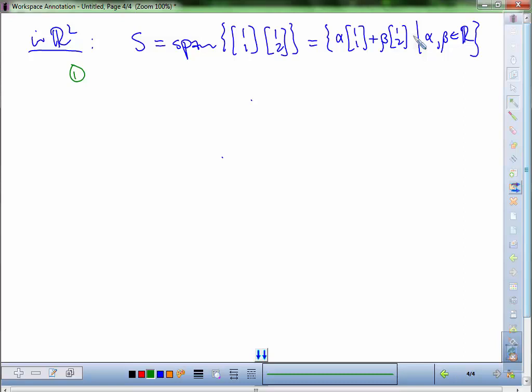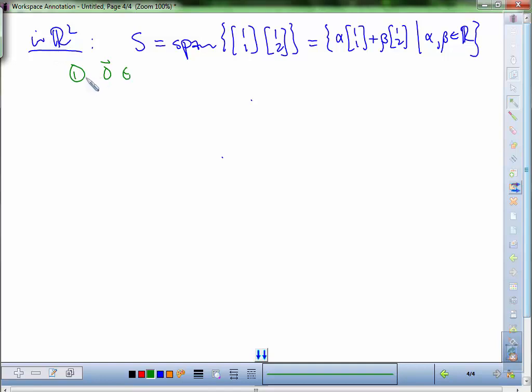And so if I want to show that this is a subspace, I would check to see if the zero vector is in the subspace. And is it? I want to check if S is a subspace of R2.